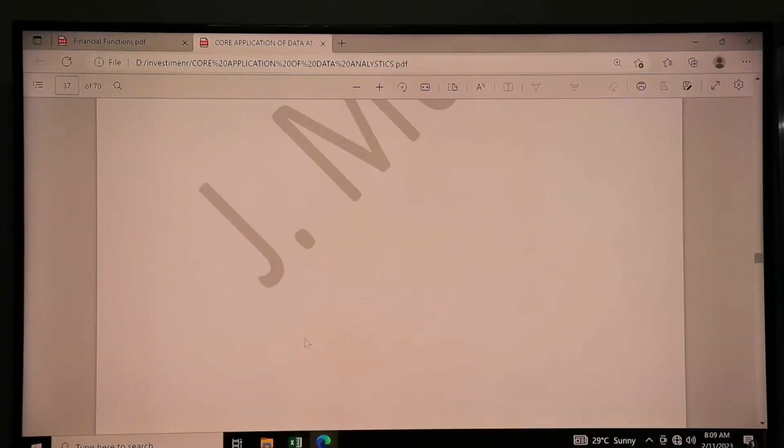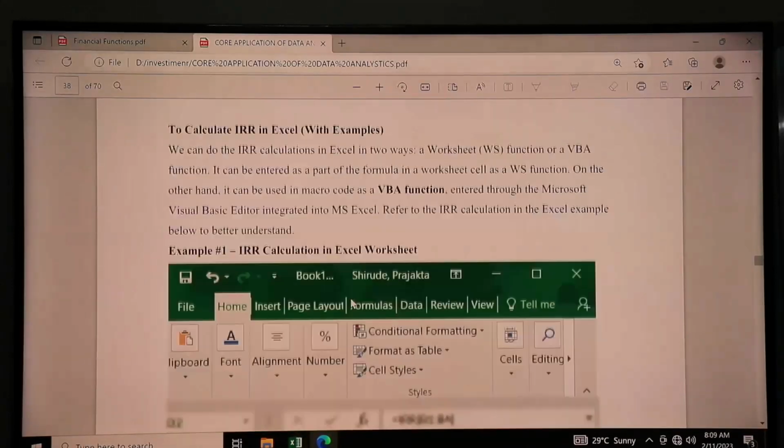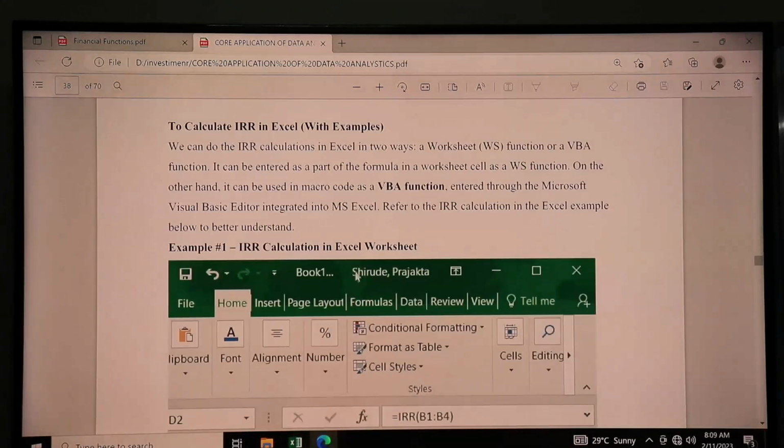So if you are given only positive numbers, the internal rate of return won't work. We can do internal rate of return in Excel in two ways: the worksheet function, which we have inserted, or there is another way we call the VBA.